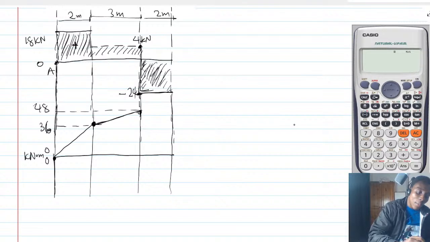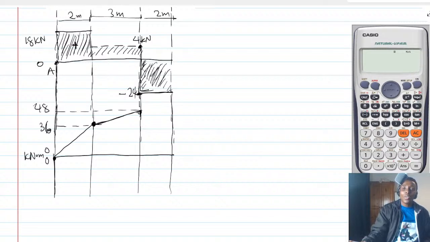Watch this. Minus 24 times 5 plus 168. You are going to get 48. If you do it correctly, you are going to get 48. And it will shock you that the 48 is exactly what it means, which is telling us that at x equals 5, it is correct. Because this is 0, this is 2, that is 5. So that is correct. Yeah?